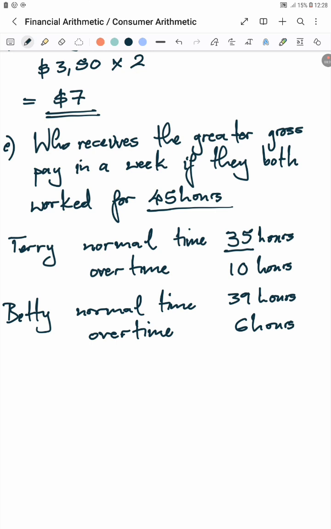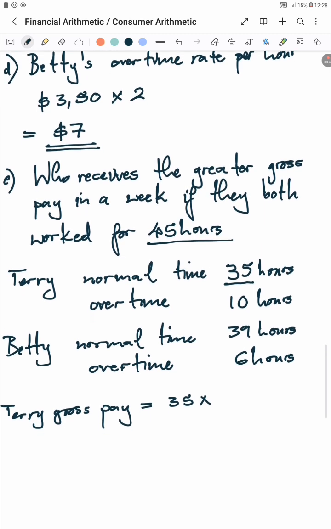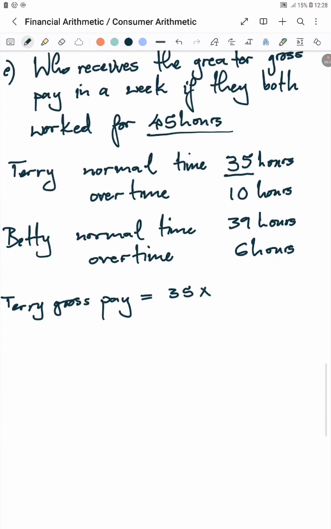Okay, so the total amount of money that Terry is getting, gross pay, will be equal to 35 times $3.20 plus the rate for overtime, which is $4.80. We're saying 10 hours times $4.80.